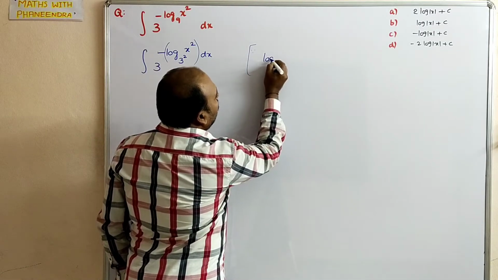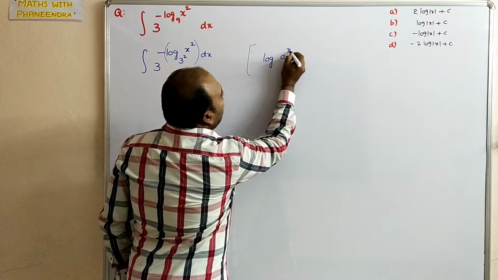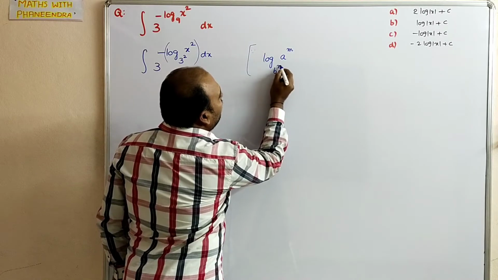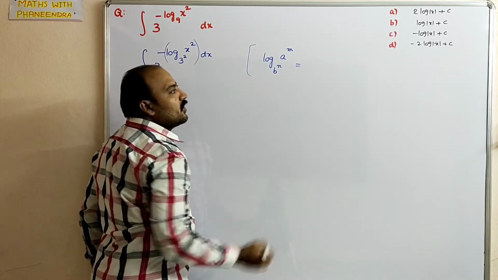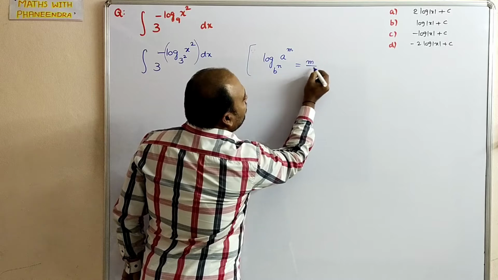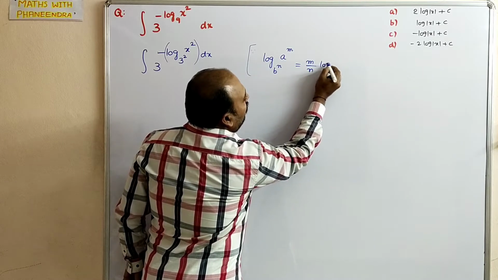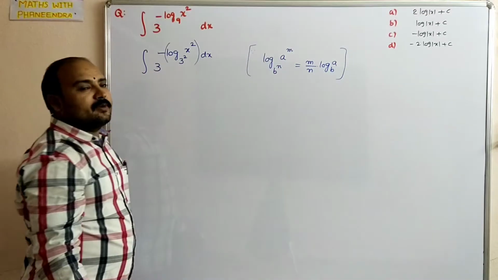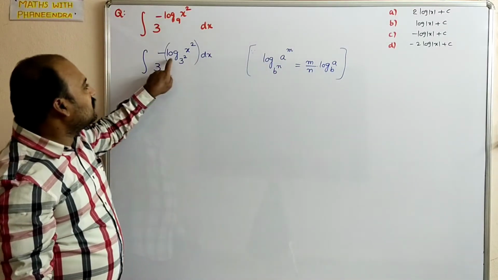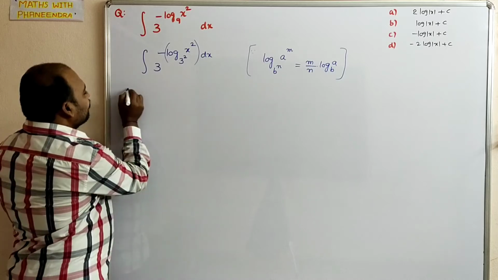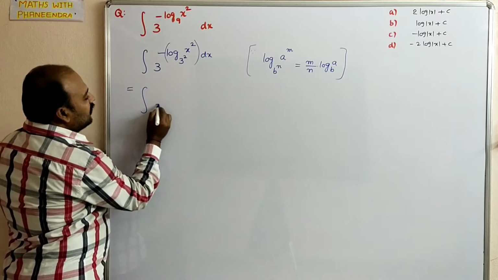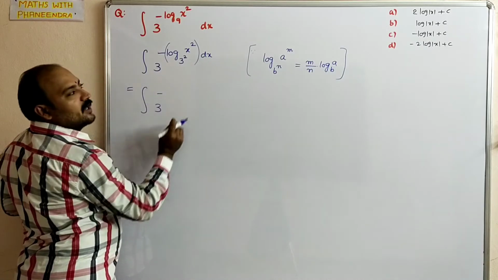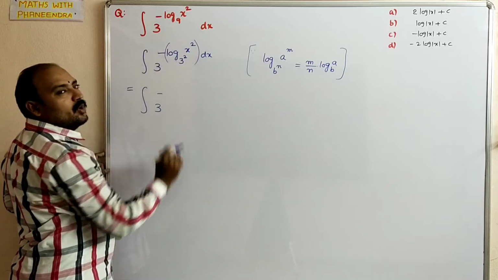Log a power m to the base b power n can be written as m by n into log a to the base b. This is one of the formulas. By using this formula, this can be written as integral 3 power minus, in place of m and n, 2 and 2 is there, no?